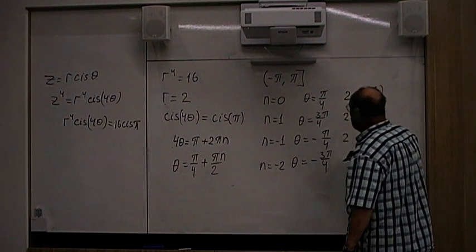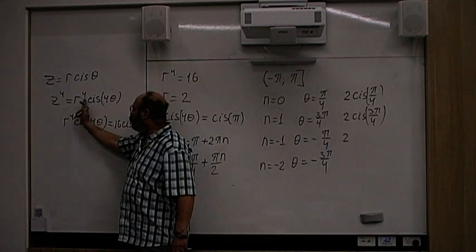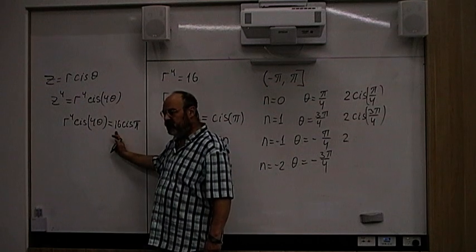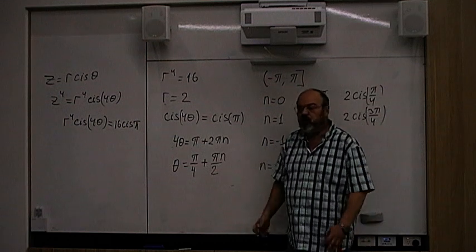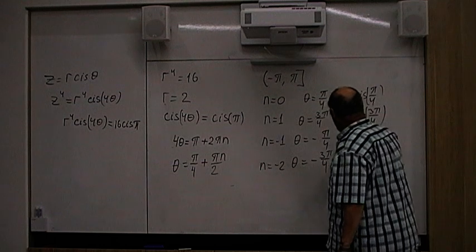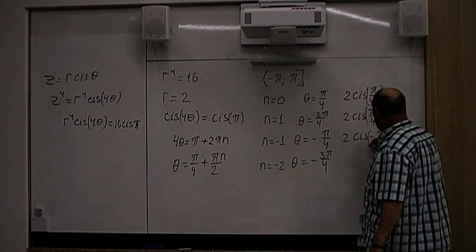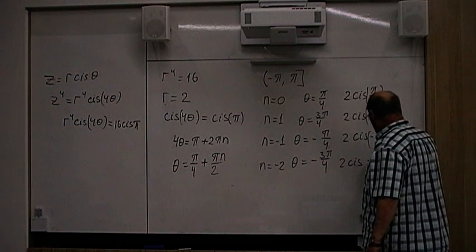Where's the modulus 2? Because we have that modulus to the power of 4 has to be equal 16. That means modulus equals 2. And modulus must be positive. We cannot take negative 2 for distance. We have 2 cis negative pi on 4. And we have 2 cis negative 3 pi on 4.